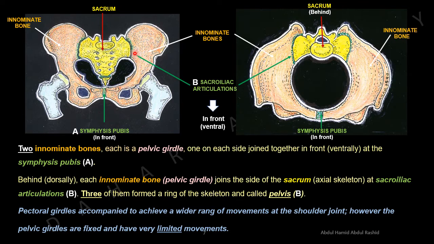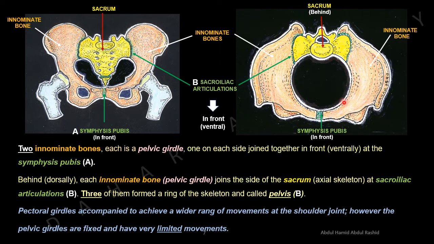If we see this diagram, two innominate bones, that is each pelvic girdle, one on each side, are joined together in front, ventrally, at the symphysis pubis. Each innominate bone, that is each pelvic girdle, is joined posteriorly or dorsally to the side of the sacrum at the sacroiliac articulation here.